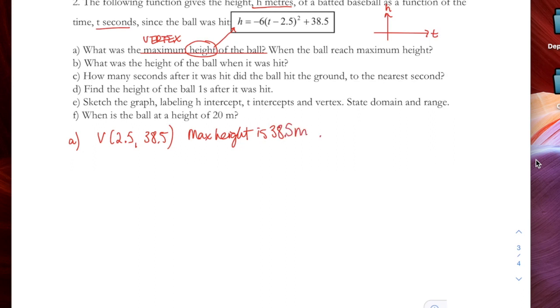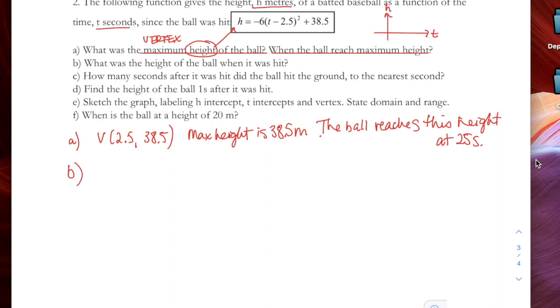meters. And if it's asking me when it reaches maximum height, I know that the answer is the ball reaches this height at 2.5 seconds into flight. And it says, what was the height of the ball when it was hit?